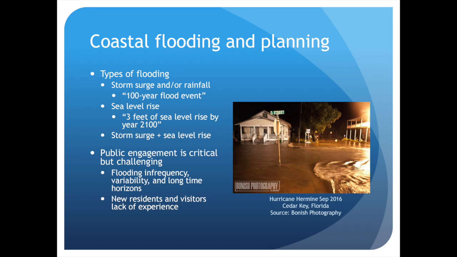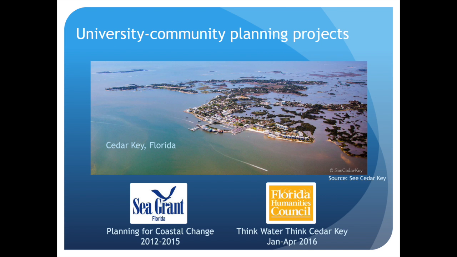These things are not frequent, they happen every once in a while, and the sea level rise is so gradual, it's hard to grasp that it's actually happening. It's important to use our visualization tools to drive that message home, and then help the communities start being more proactive to plan for it.